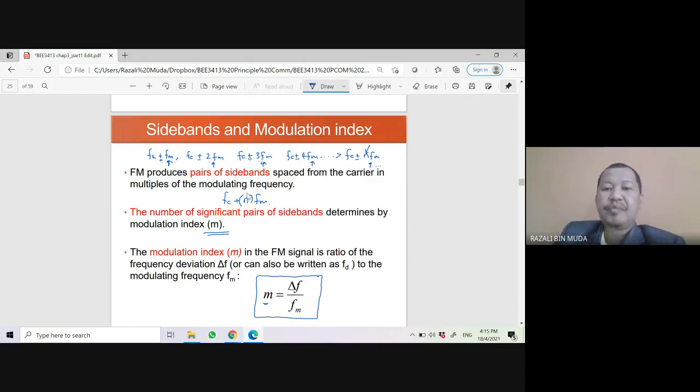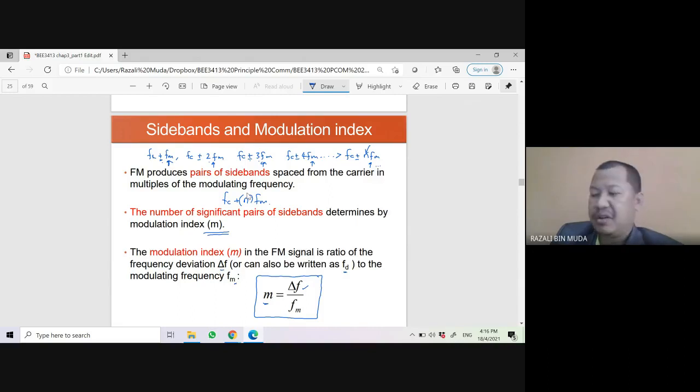The modulation index M in the FM signal is the ratio of the frequency deviation, also written as FD or delta F, to the modulating frequency.